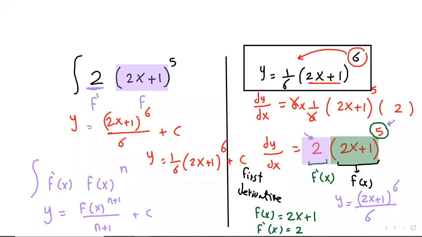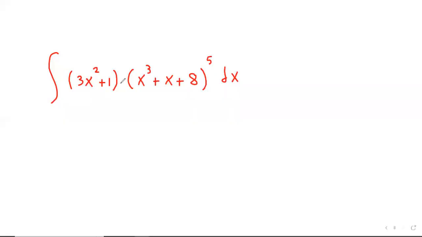That's it. If we look at this example, we have 3x squared plus 1 multiplied by x to the power of 3 plus x plus 8, all raised to the power of 5. And I see it's a hard mission to simplify. But if we focus on this function here, x to the power of 3 plus x plus 8, it's f of x, and don't write the power, just write the bracket only.